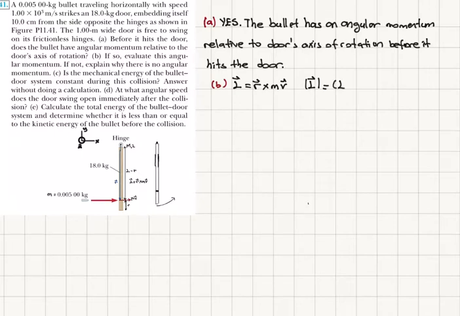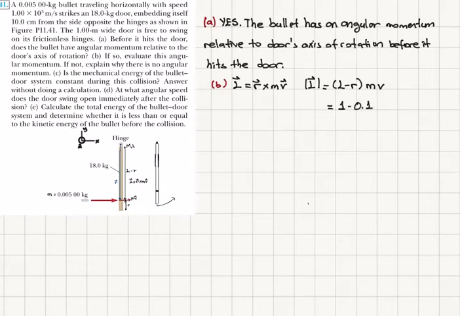And what is its magnitude? The magnitude of the angular momentum will be the length of this vector r, which is L minus r, times mass of the bullet times its velocity v.